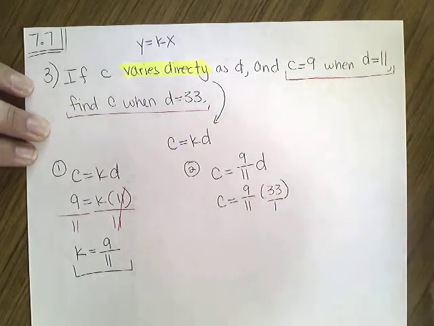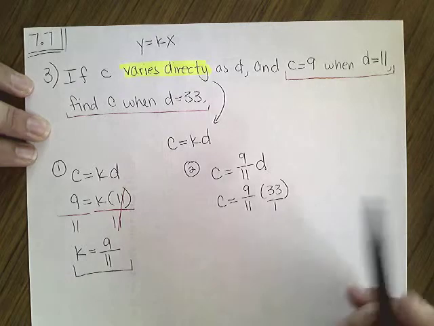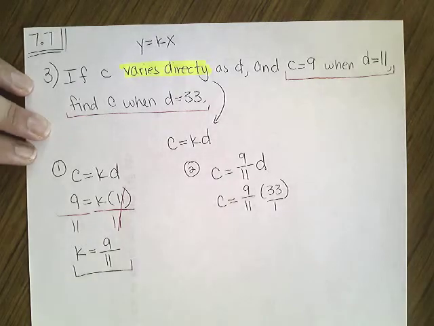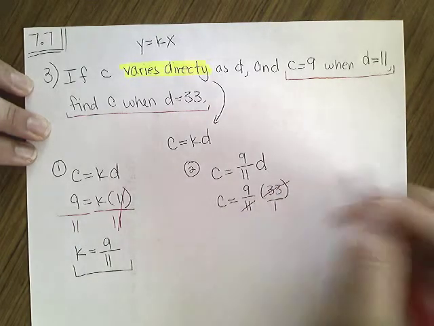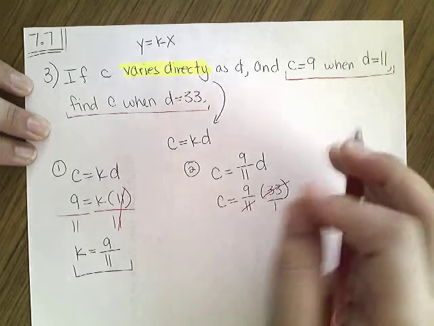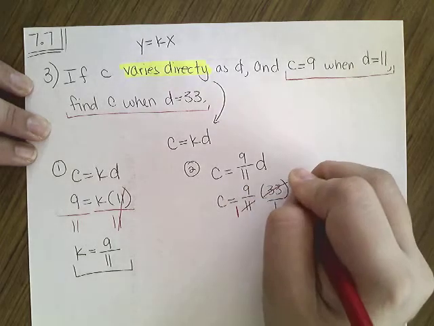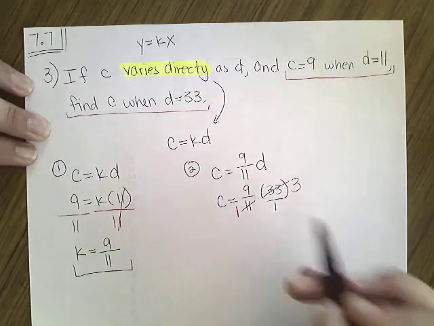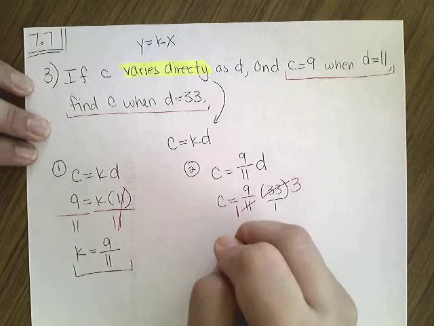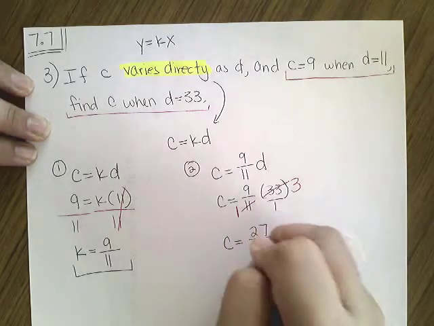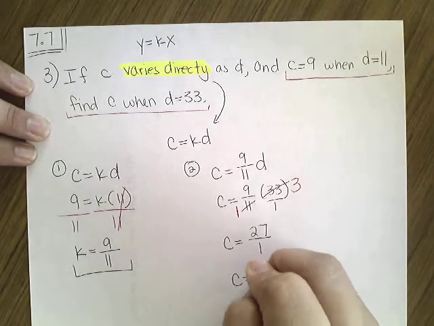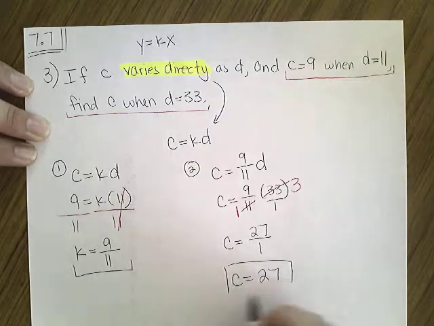I'm just going to put 33 over 1. We can cross reduce our 11 and 33. Both are divisible by 11. That becomes 1. That becomes 3. And now we multiply straight across. C equals 27 over 1, which just means c equals 27.